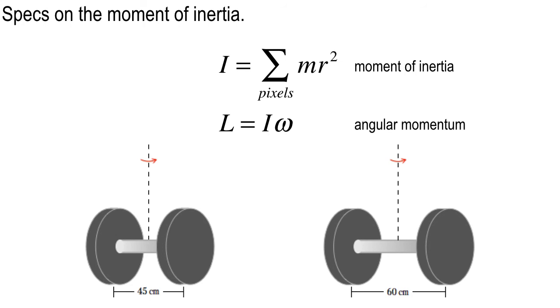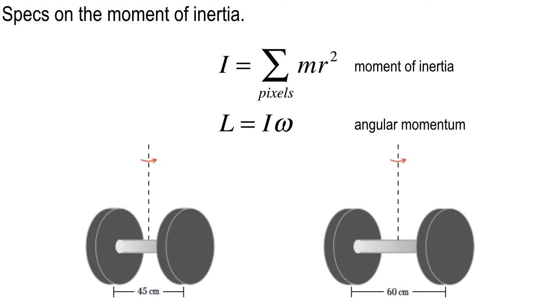So if you think about these dumbbells down here as being pixelated, and you break it down gram by gram, every half of a cubic centimeter or so is going to be a gram of steel for these two dumbbells. And each gram of steel has an r value from this spin axis, the dotted line.